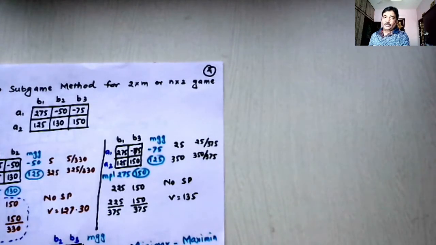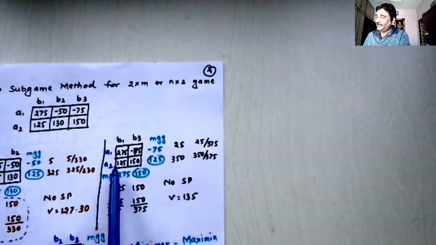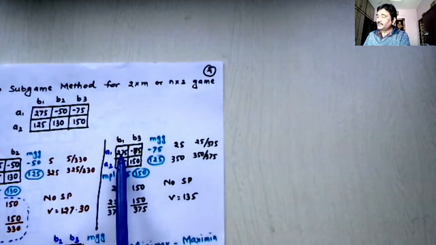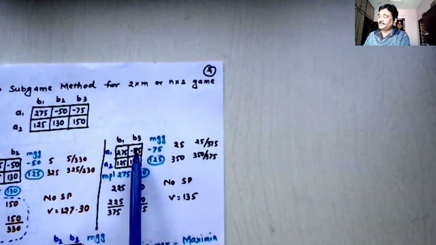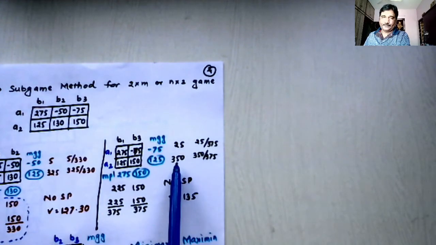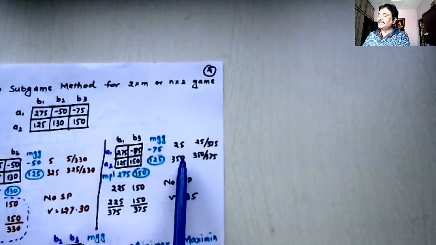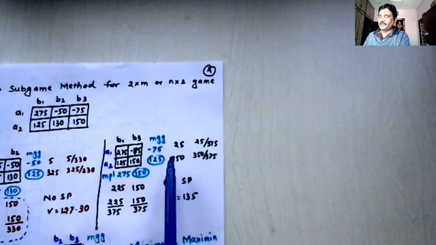So what will you be doing now? You will be finding this difference and writing here 125 minus 150, minus 25, but you have to write the absolute value there, that is 25. Then 275 minus 75, that is 350. Okay, and you make the sum of these and put that sum in the denominator of these two values.